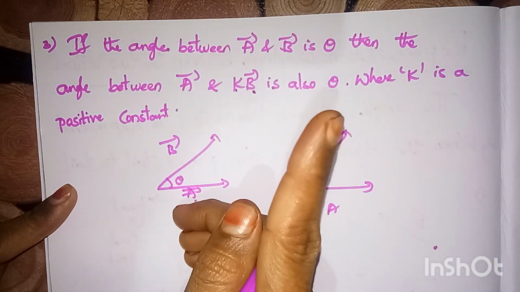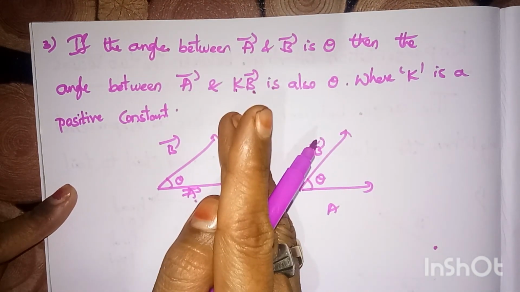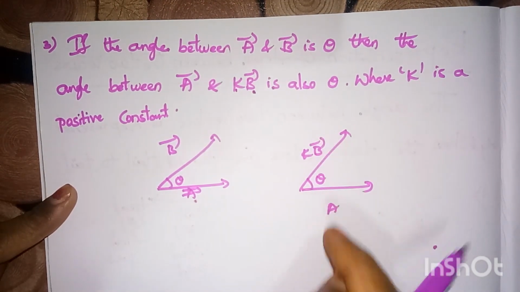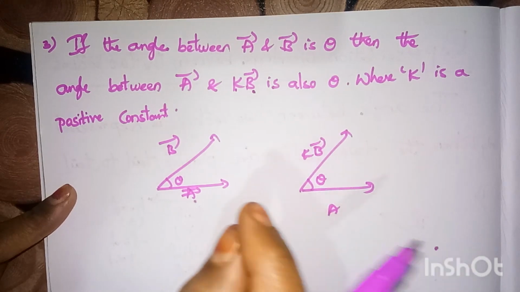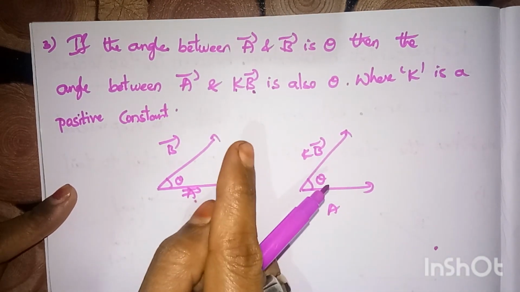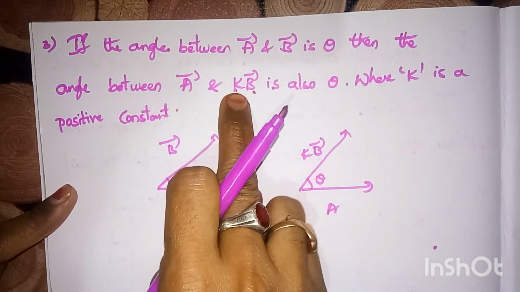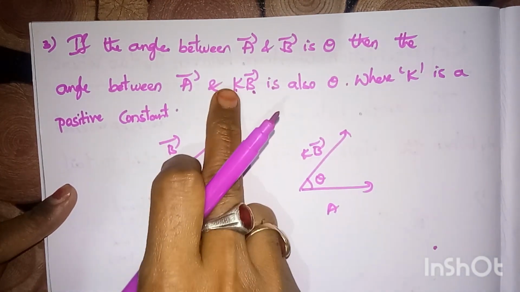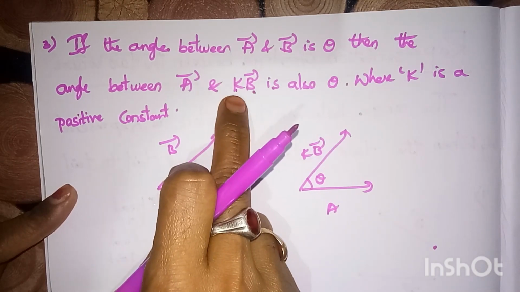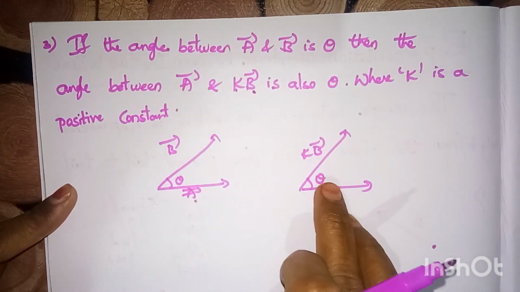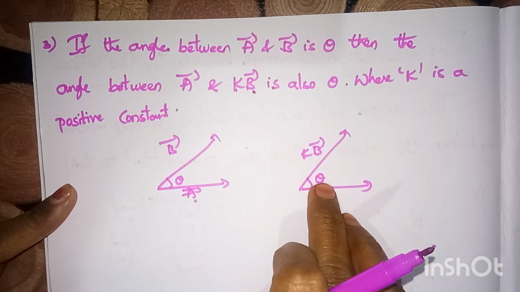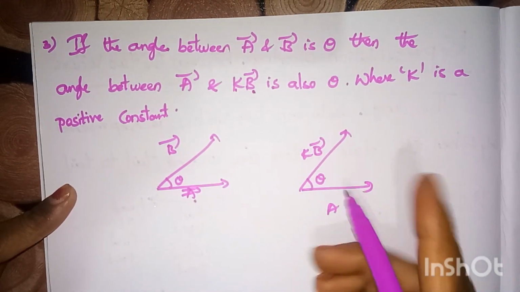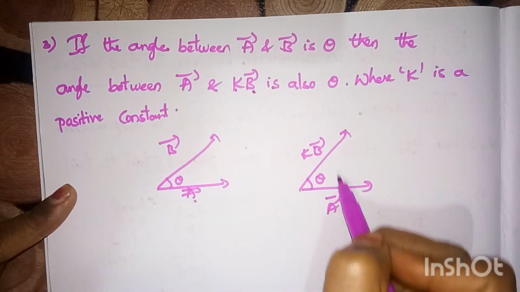If any vector is multiplied with a positive constant, then there will be no change in the angle between the two vectors. So there will be the same angle between a bar and b bar, and a bar and k b bar.